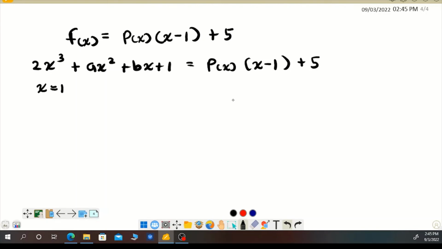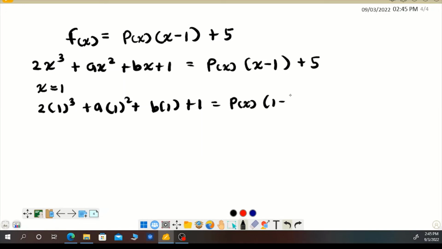I substitute x equals 1 into every x: 2(1 cubed) plus a(1 squared) plus b(1) plus 1 equals p(x) times (1 minus 1) plus 5.